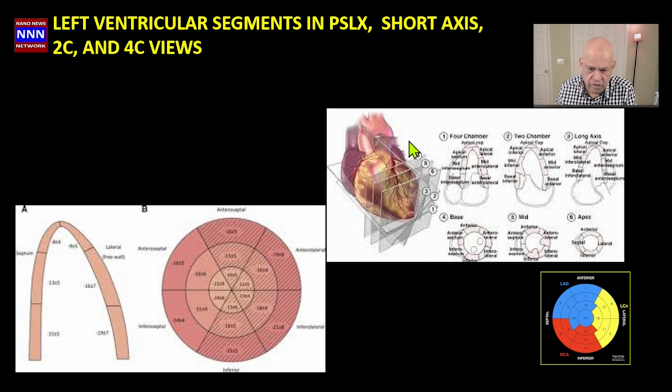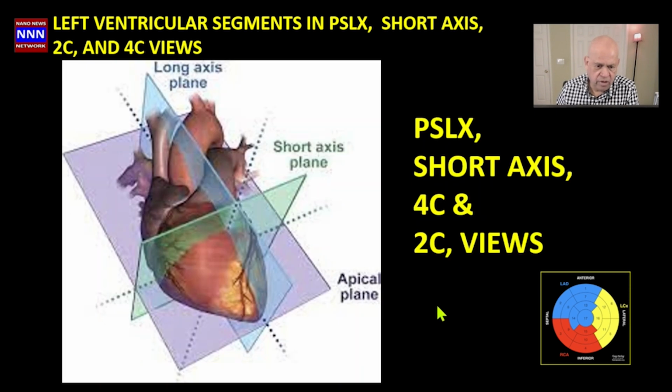Then we have a two-chamber view, which sort of slants towards the left, focusing on the left ventricle and the left atrium. And then we have the apical four-chamber view. Okay, let's look at this. And this is sort of a more easy to understand diagram showing the parasternal long axis here, then the short axis, and of course the apical four-chamber view, which is used for four-chamber and two-chamber views.